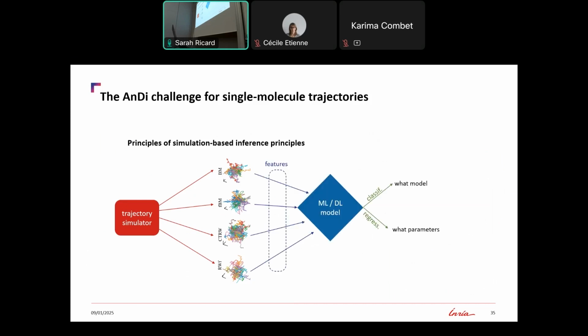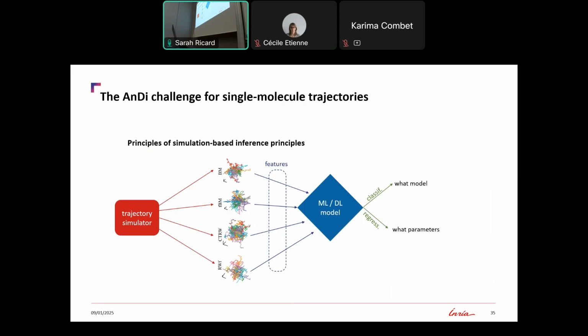Then you define your features, you extract the features for each of the trajectories, and you use a machine learning or deep learning model. It's a completely supervised problem, because you know exactly for each trajectory what the model is and what the value of the parameters is. So you can train your model to do the model selection, classification or regression, and learn to guess what the parameters are.